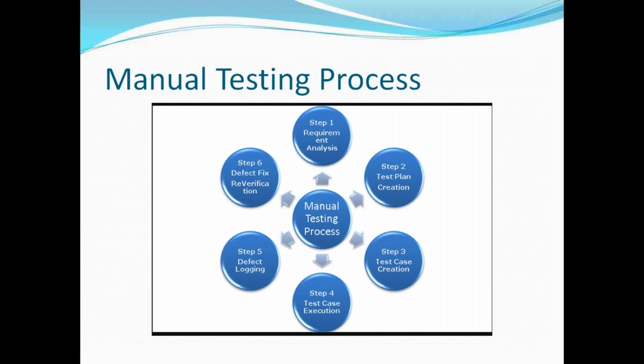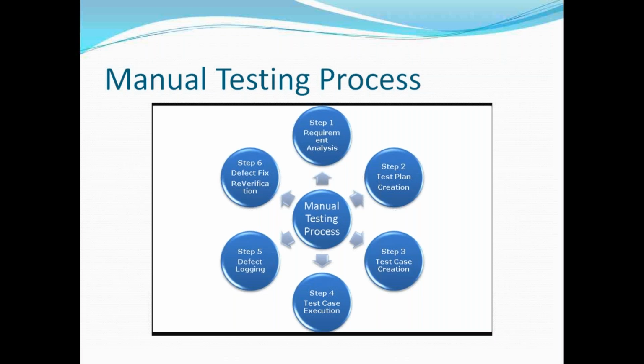And if there are any deviations, like the expected result is not coming, then we log this as an issue, or we say it's a defect, or we say it's a bug. We log it and assign it to the respective developer.